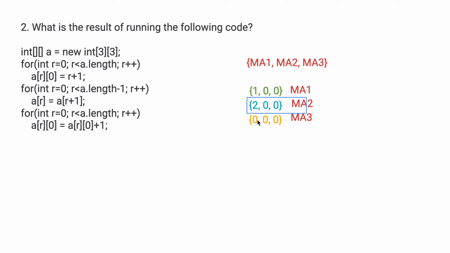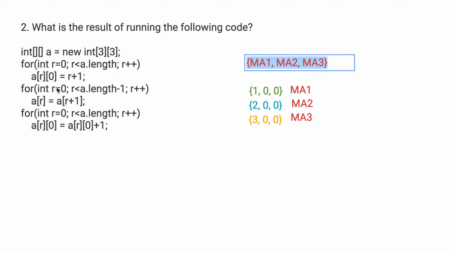And then finally, this is the third row, or index 2, and our element at index 0 is going to be set to 2 plus 1, or 3. So that's what it's going to look like after this first step. Notice that the actual value of A itself has not changed because we're only dealing with elements within our rows. You can think of it as a single integer that we're modifying.